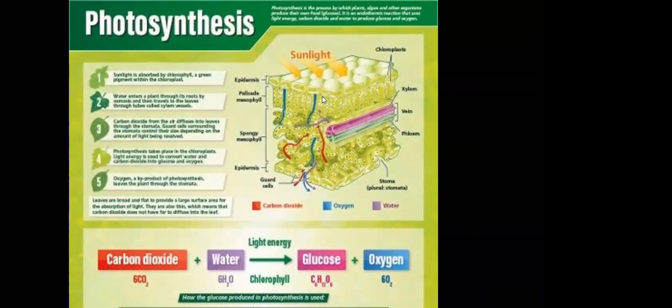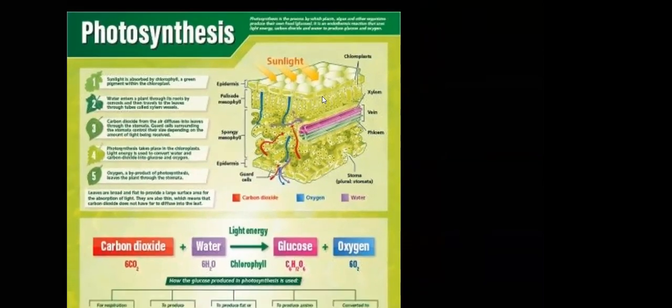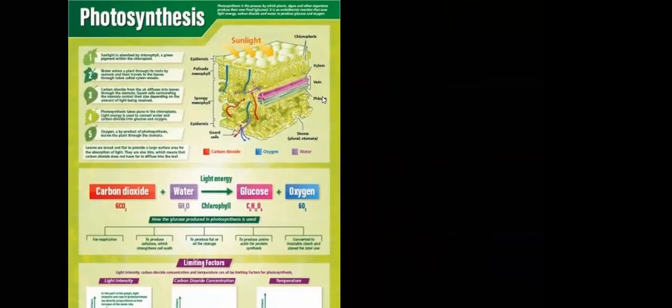The sunlight is absorbed by the prokaryotes and green pigments, where the chloroplasts are. There is the image of the chloroplast, and the reaction is given. Carbon dioxide plus water gives glucose and oxygen, which is already known to you all. But we can give it in a presentation manner.